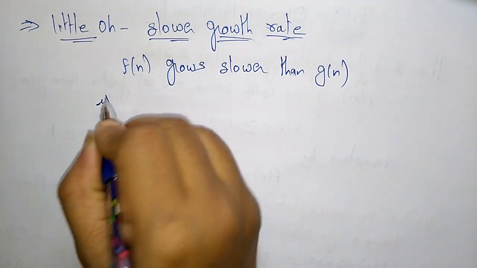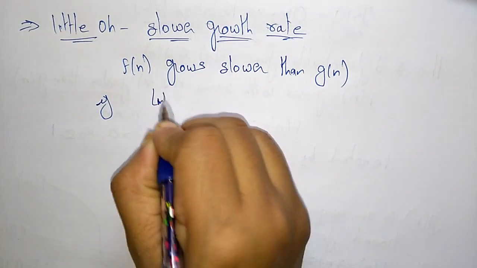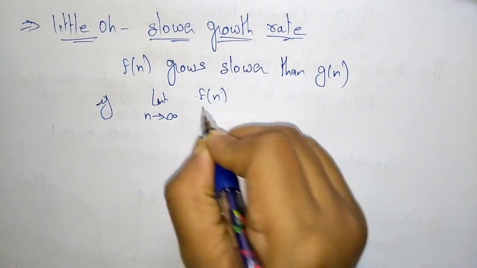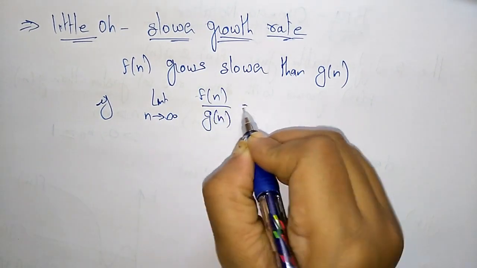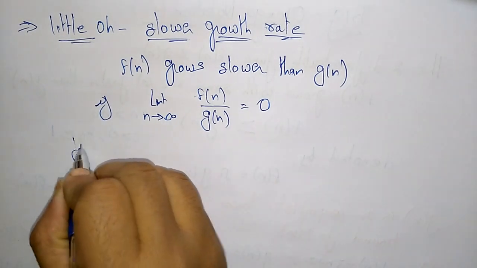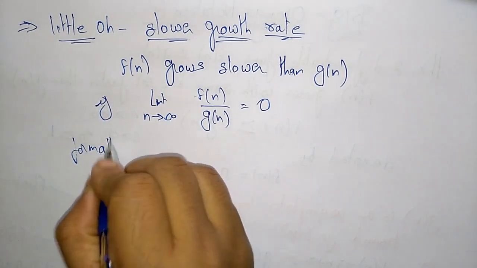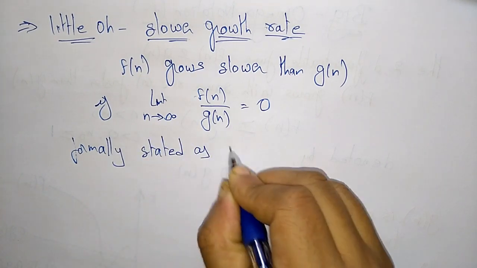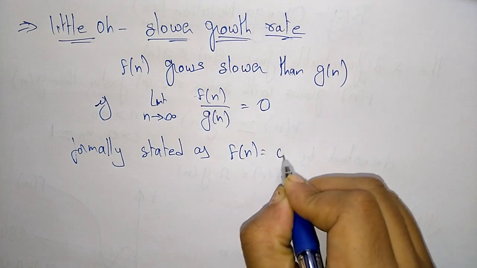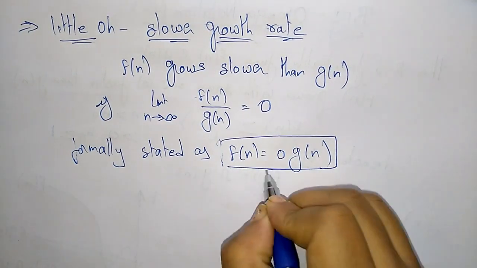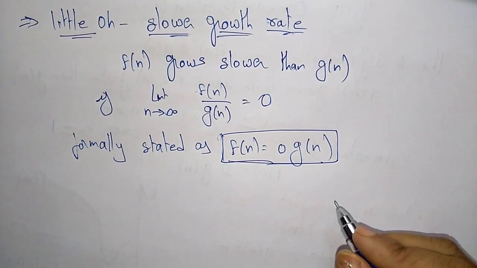Okay. So if this condition is satisfied, limit n tends to infinity, f of n by g of n is equal to 0, formally you can state this as f of n is equal to small o of g of n. So this is the formula for calculating the little o time complexity.